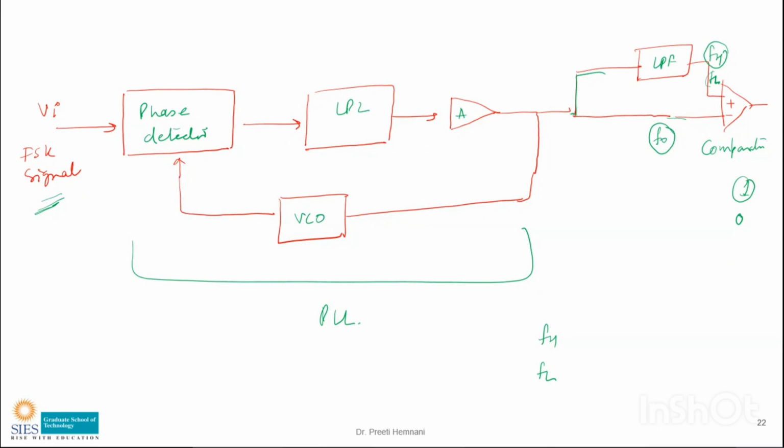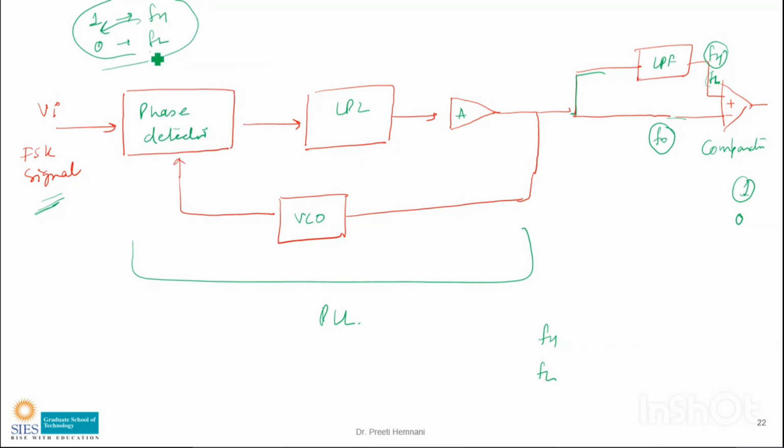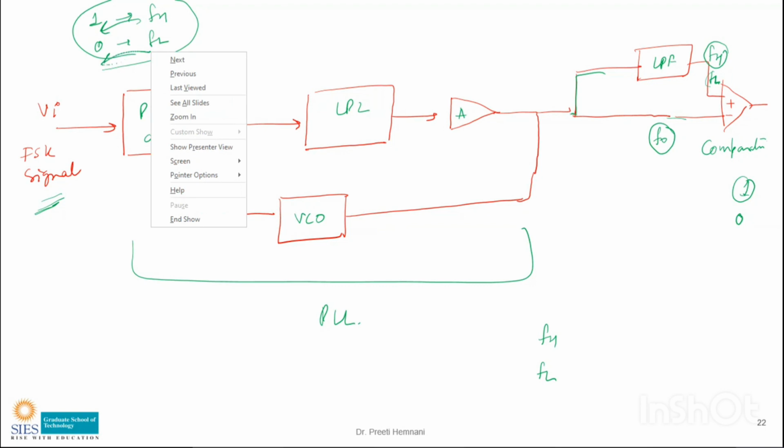So what you are doing, we are demodulating it, the opposite of what I explained to you, that when 1 has to be transmitted, the frequency has to be FH. When 0 has to be transmitted, the frequency has to be FL. So if we want to do the opposite, that means we are saying that when the signal has frequency FH, the output has to be 1. And when the frequency is FL, the output has to be 0.